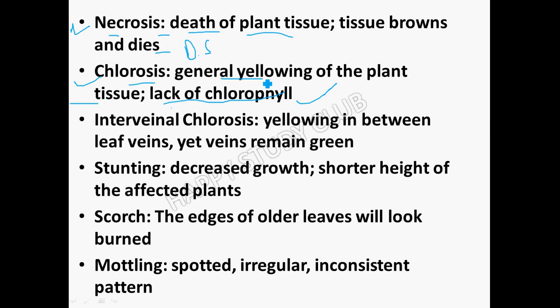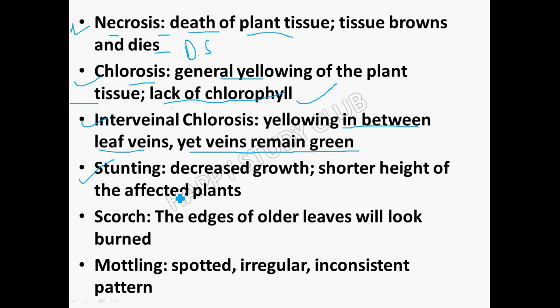What is interveinal chlorosis? Yellowing in between leaf veins, yet veins remain green, is known as interveinal chlorosis.